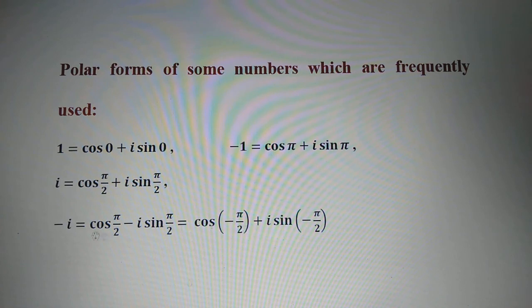So either you can write this minus i as cos pi by 2 minus i sin pi by 2, or cos minus pi by 2 plus i sin minus pi by 2. So 1, minus 1, i and minus i, these numbers can be written in polar form in this way.